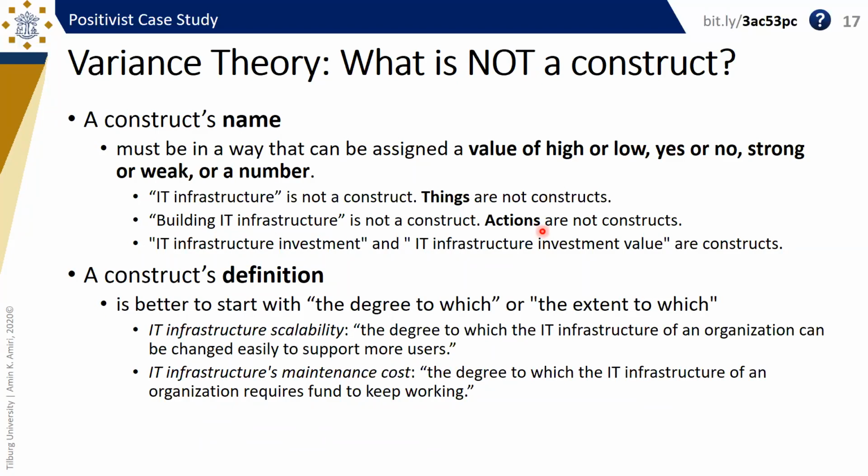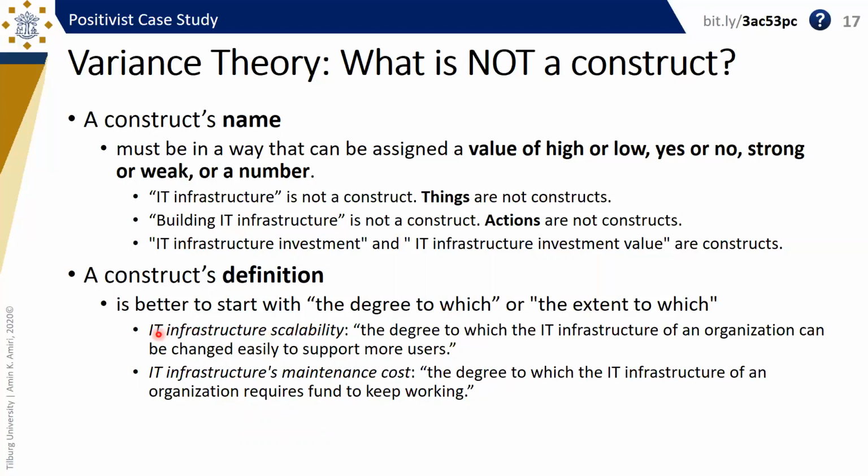Actions are not constructs. Things are not constructs. But IT infrastructure investment and IT infrastructure investment value, these are constructs because you can assign a value to them. A construct definition is better to start with the degree to which or the extent to which.